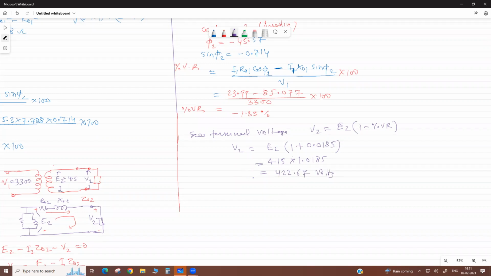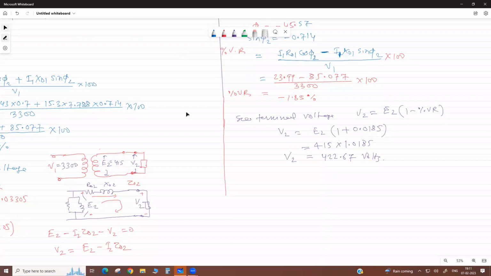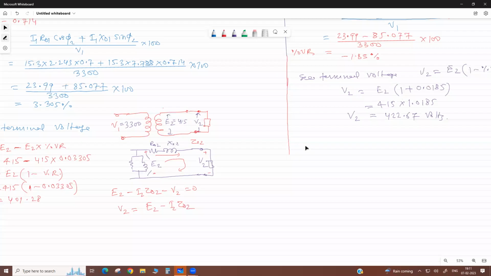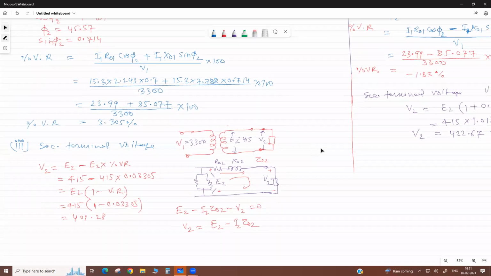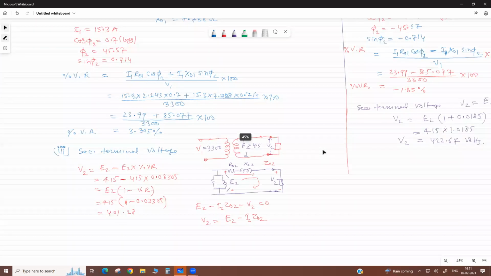So see, at leading power factor, your output terminal voltage is higher than the no load terminal voltage, the induced voltage. So this is your terminal voltage. Got it? Any doubt here, please?